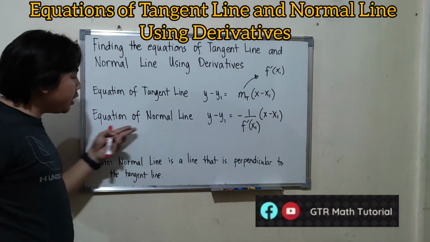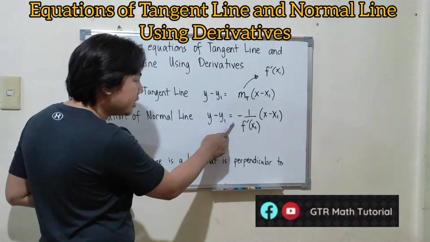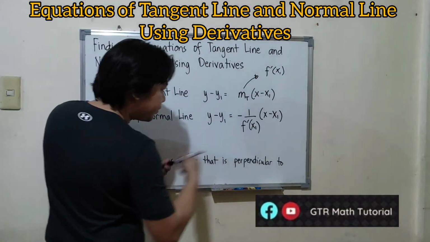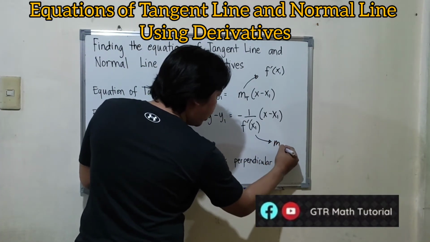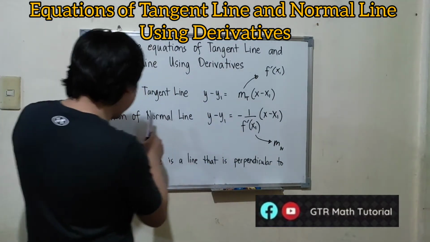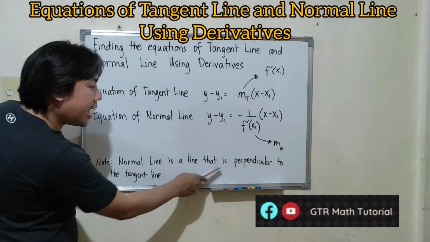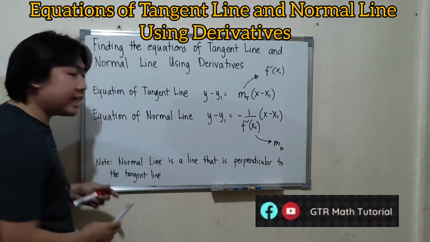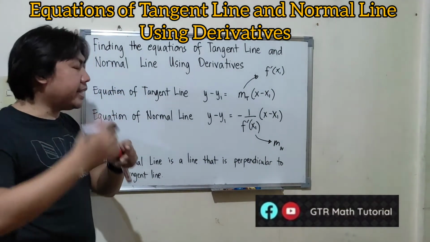And then we have the equation of the normal line. So we have y minus y sub 1 equals, so this function here, and this is the slope of the normal line, m sub n. Note that the normal line is a line that is perpendicular to the tangent line. So tangent line and normal line are perpendicular.